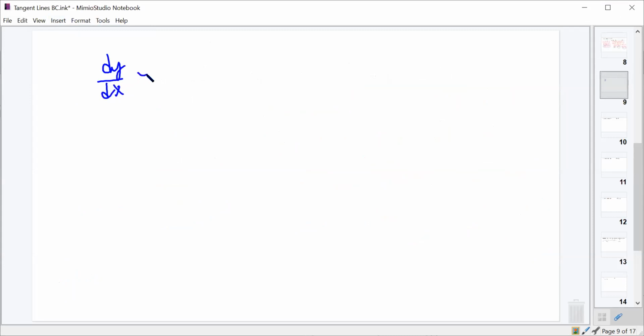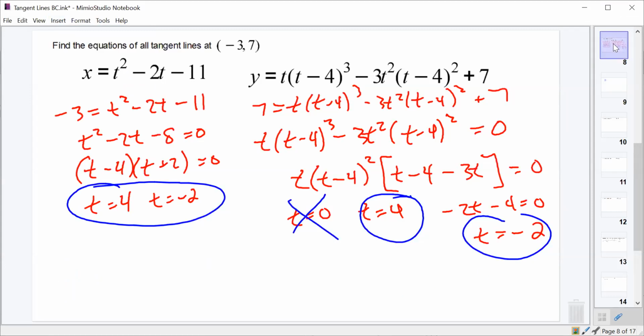I'm going to kind of go back and forth here, but our first part of the y term was t times (t minus 4) cubed. And so we probably need to use the product rule on that.